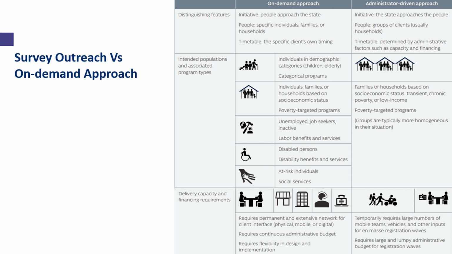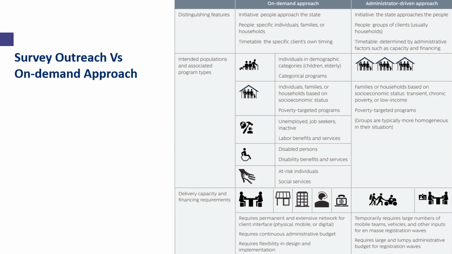Further, the type of population associated with the on demand approach is essentially individuals in demographic categories like children and elderly, then individual families or households based on socioeconomic status, then unemployed job seekers, part of the informal labor force, the disabled category, and at risk individuals.